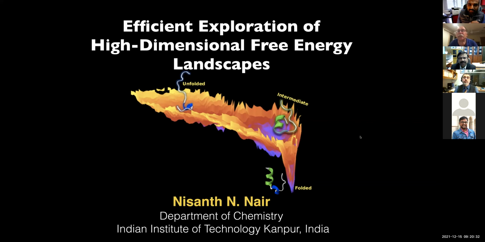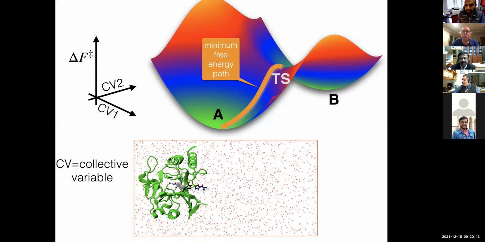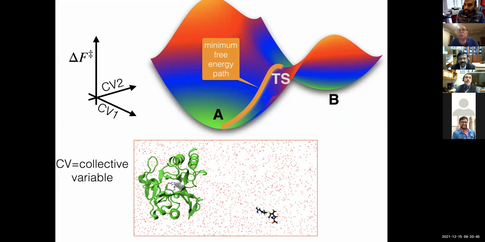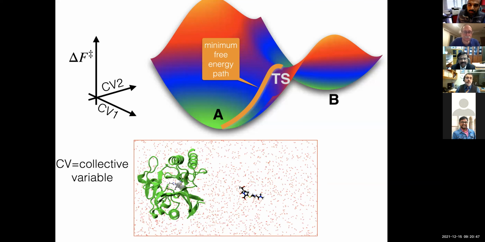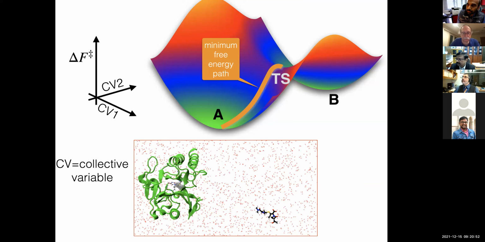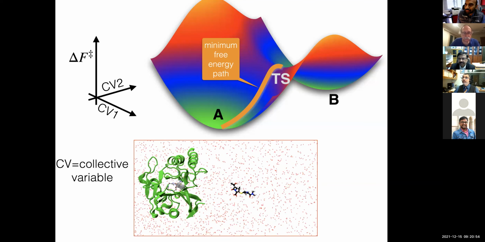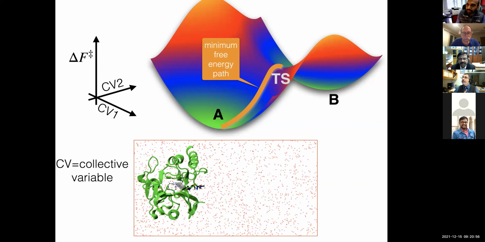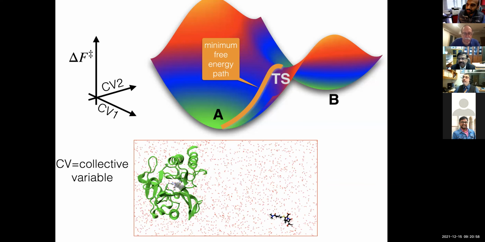The idea of this talk is that it's a technical talk where I will be talking about some methods that we are using to explore high-dimensional free energy landscapes. Of course, we are going to talk about free energy in collective variable space. So I'm assuming that we somehow know collective variables that are good for the problem of our interest.